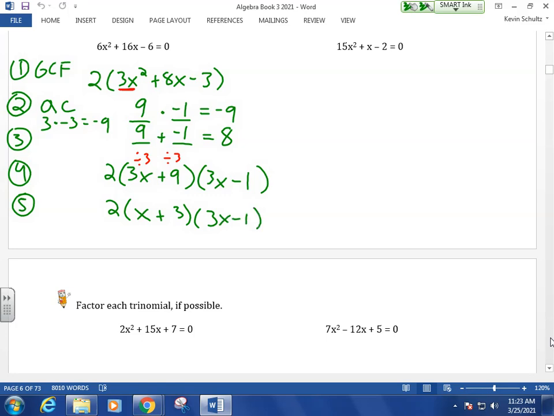Step 6, distribute that coefficient back into our first set of parentheses only. And that gives us 2x plus 6, and then times 3x minus 1.